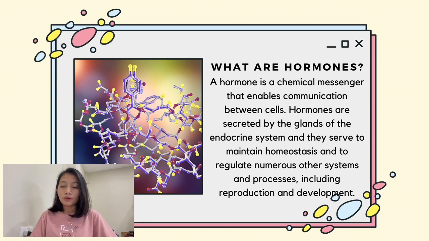They are secreted from the endocrine glands in the body, and the glands are ductless. That is why hormones are secreted directly into the bloodstream rather than by way of ducts.